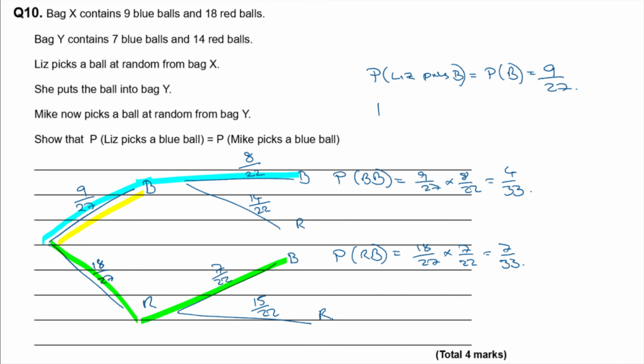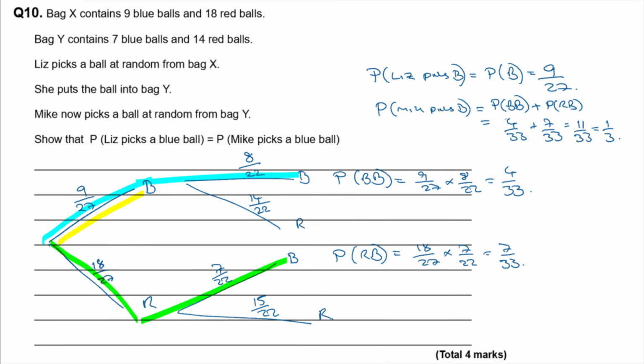And so the probability that Mike picks blue is the probability of blue plus the probability of red blue, those two routes that I just found. So that's 4/33 plus 7/33, which is equal to 11/33, which is equal to 1/3, isn't it?